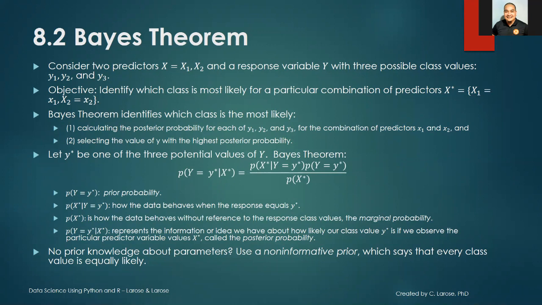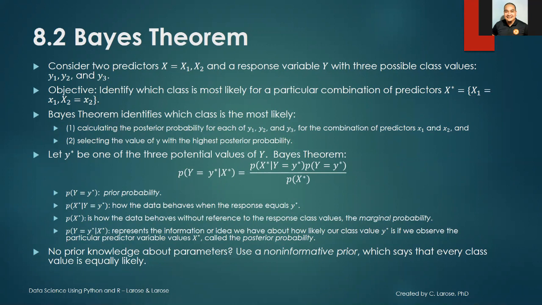This prior information is combined with P(X asterisk | Y = y asterisk), which represents how the data behave when the response equals y asterisk.